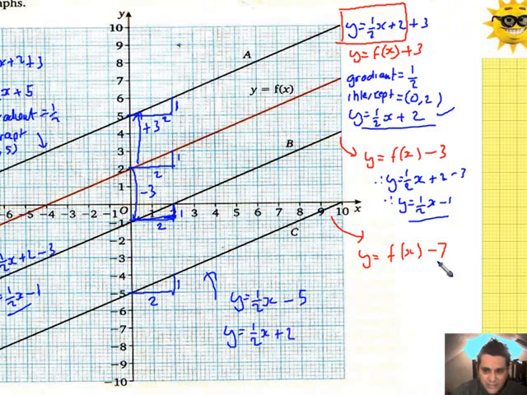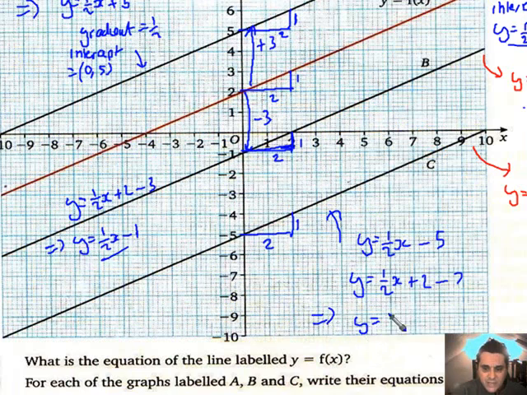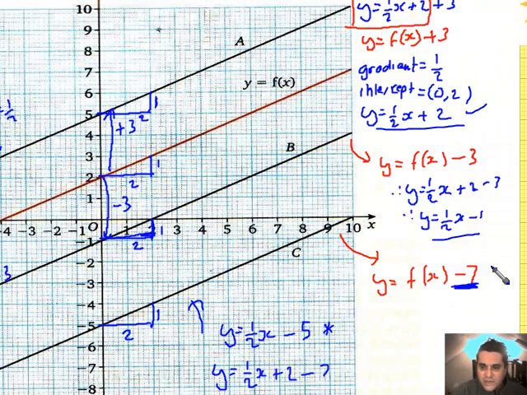So y equals half of an x plus 2, then take away 7, and that becomes y equals half of an x, and of course 2 minus 7 is negative 5.